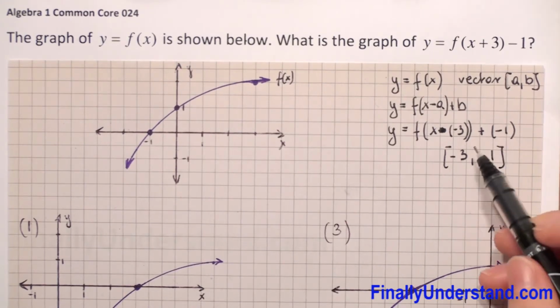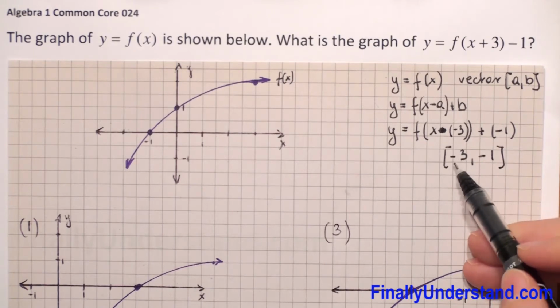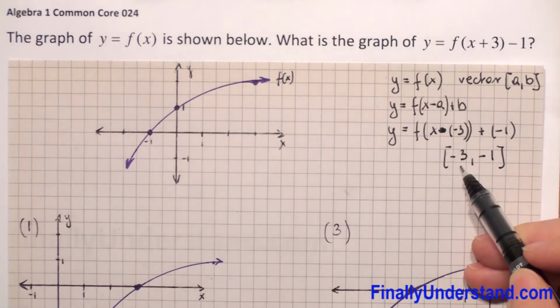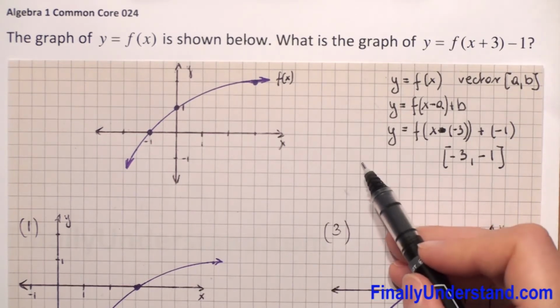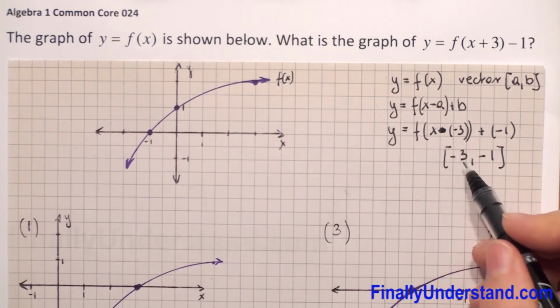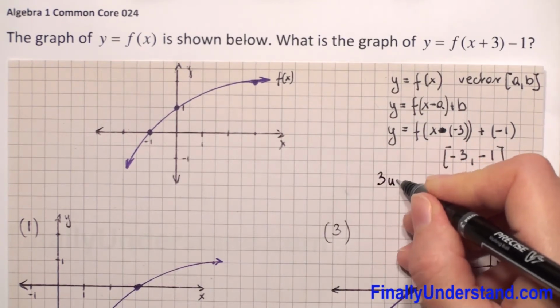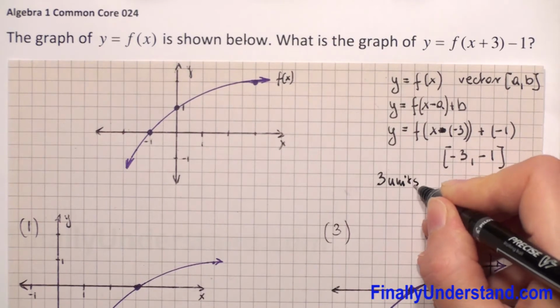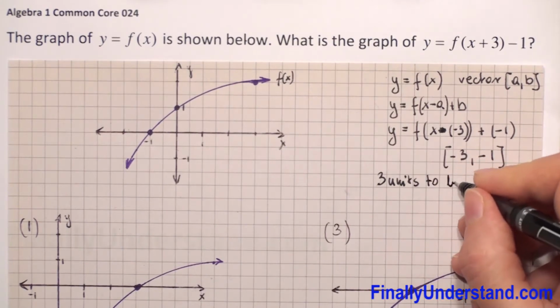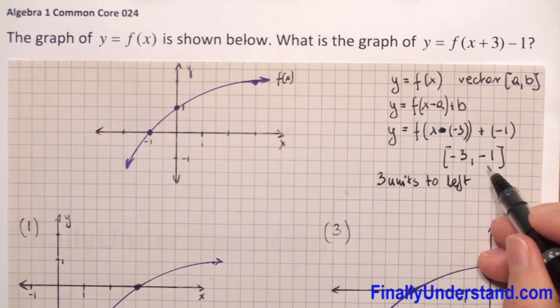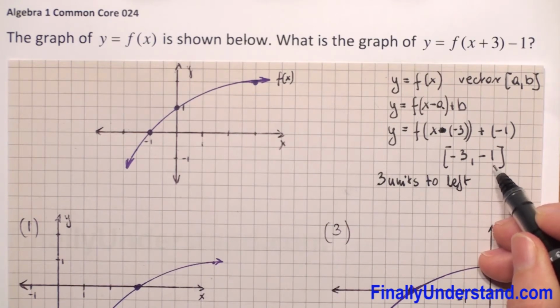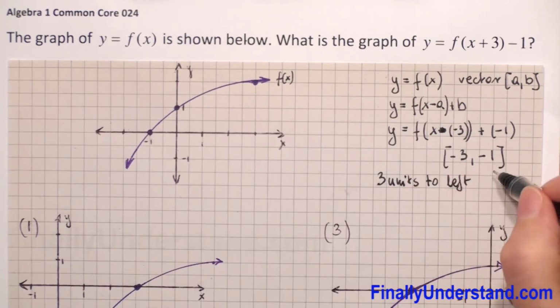What does it mean? Because the first coordinate is negative, it means we have to move to the left 3 units, and because the second coordinate is also negative, we have to move how many?